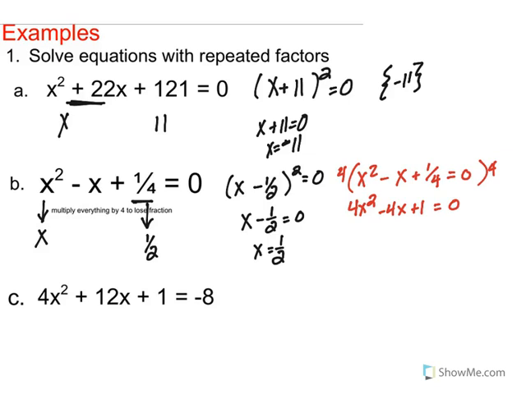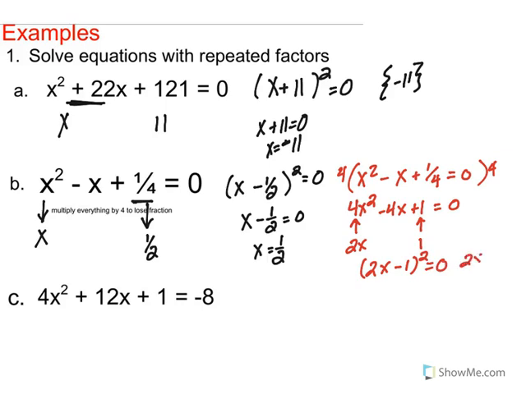And this also happens to be a perfect square. Square root of 4x squared is 2x. Square root of 1 is 1. And 2x times 1 is 2x times another 2 gives me 4x. So I know that that's a perfect square. Again, this time it's going to be 2x minus 1 squared is equal to 0.